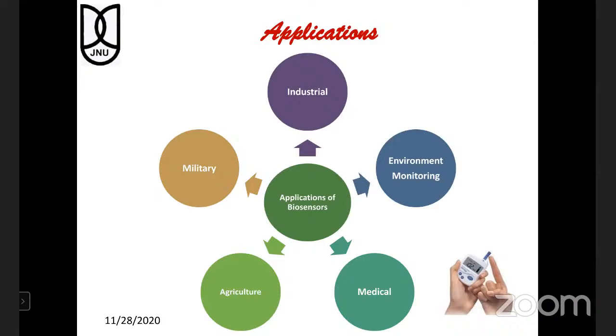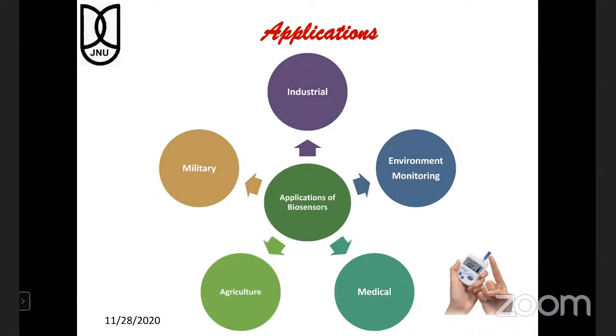Environmental monitoring we can use for pesticide detection, pesticide-based biosensors, or for some types of pathogens present in the environment, like COVID-19; it is also possible to find out their presence in environmental samples as well as in water samples using the biosensor. And some groups are working on COVID-19 detection also.